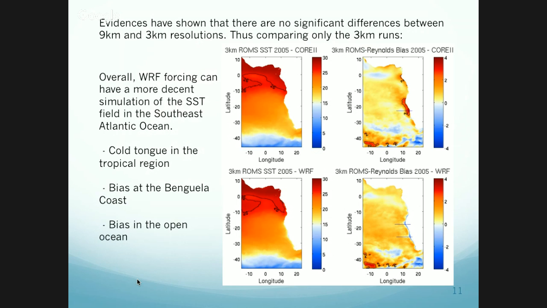The Reynolds data I get is monthly average, right? And I remember I also got the daily average Reynolds SST, and I compared my model runs with the daily SST, and it appears that the daily Reynolds SST gives a larger bias here. These are time averages, right? Yes. You're saying the average of the daily SST is different from the average of the monthly SST?